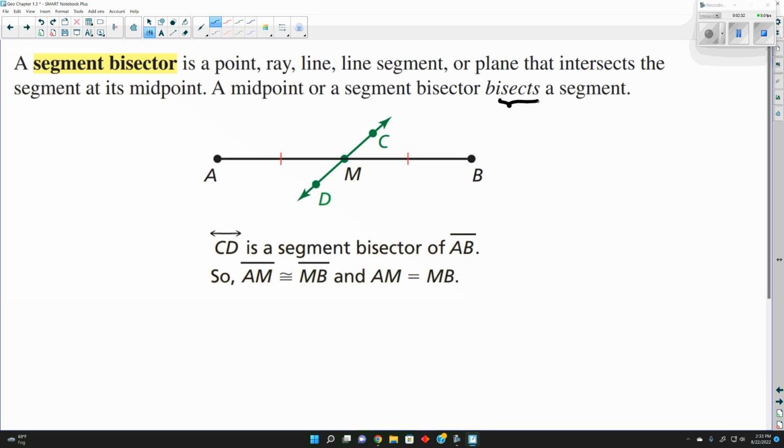It's cut in half, into two parts. So line CD is a segment bisector that cuts AB in half. It cuts it into two congruent parts, two equal parts. Questions on this? We good with this so far?